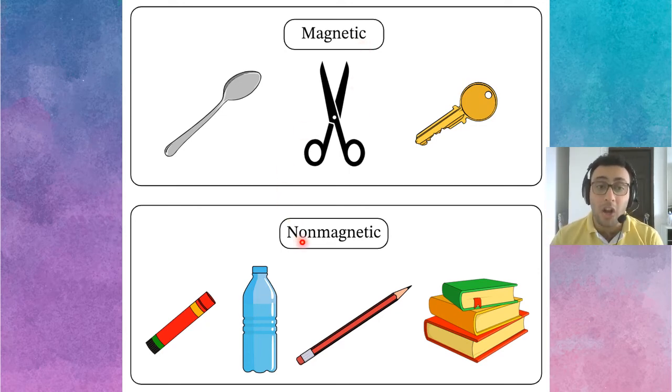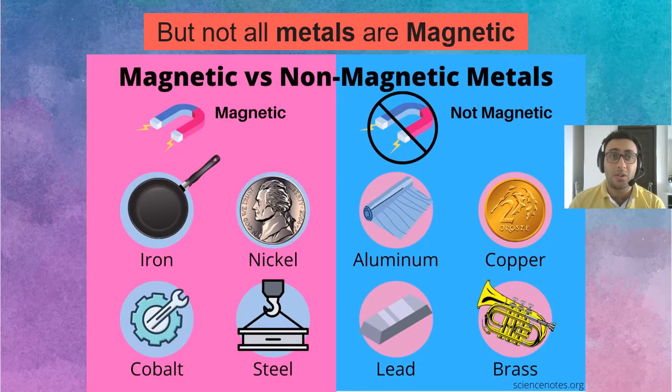Now, non-magnetic things are, for example, books, pencil, or these items. Now, these items are not made of metal, right? Now, guys, not all metals are magnetic. For example, we have magnetic metals and non-magnetic metals. For example, iron is magnetic, but aluminum is not magnetic.